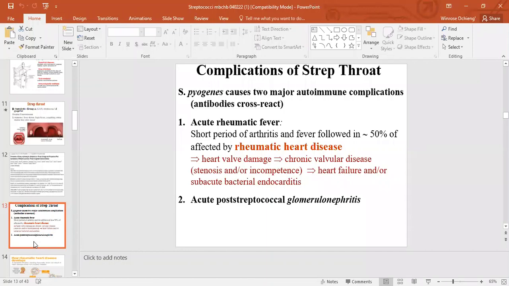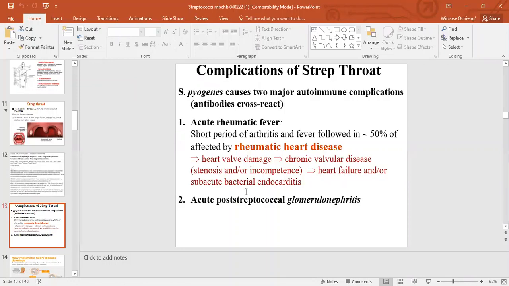After that, because the immune response will fight, we get those antibodies. When they come to fight, they are deposited. They go to the heart valve and can cause damage. So we end up having rheumatic heart disease.